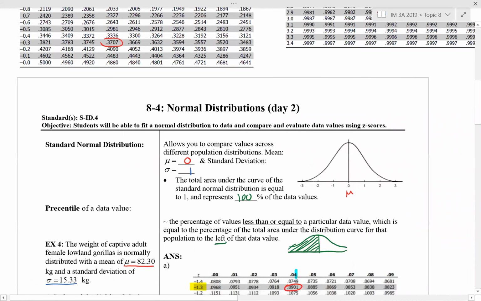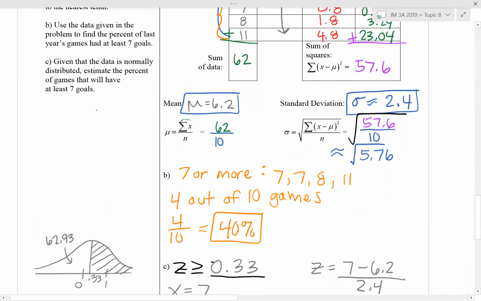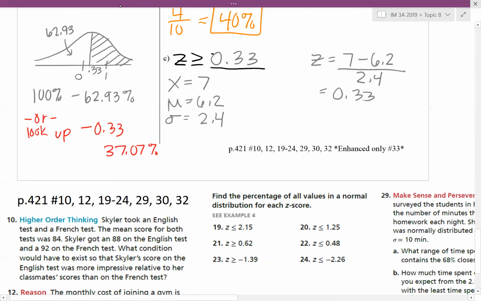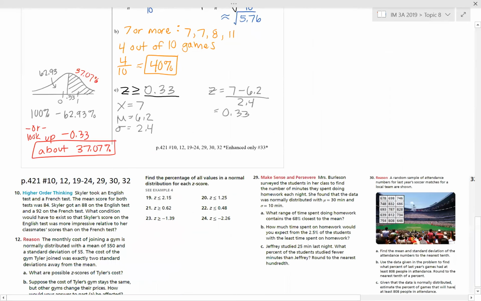So negative 0.33 gives me 37.07%. Okay, so that represents this value. And notice that if I subtract 100 minus 62.93, that gives us about 37.07%.